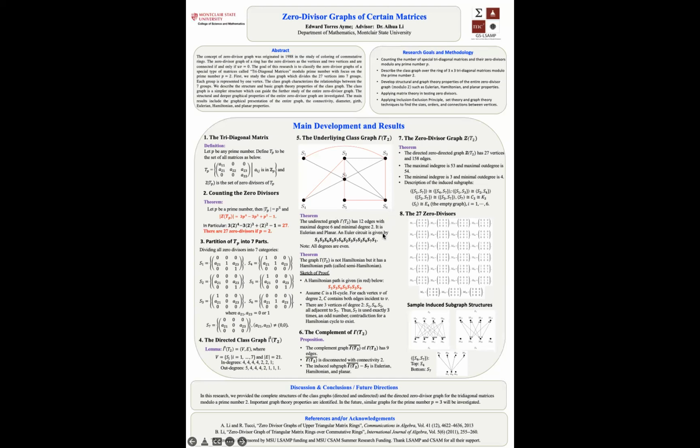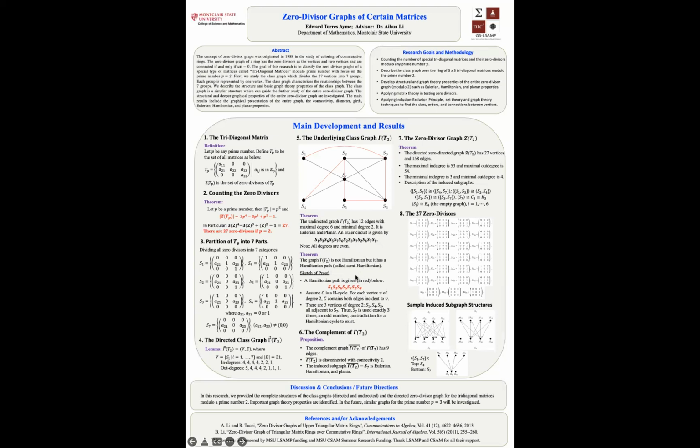We describe properties of this graph, mainly the degree sequences, the in-degree sequence and the out-degree sequence. We talked about its Eulerian properties, such as providing an Eulerian circuit. We also proved that it's Eulerian because the degrees are even here.